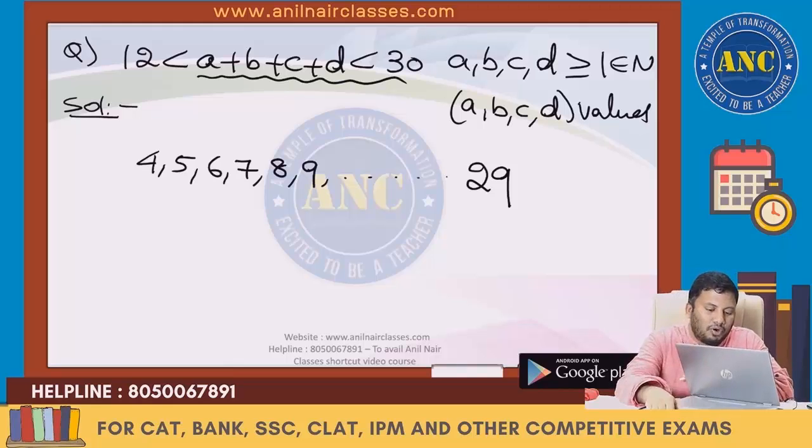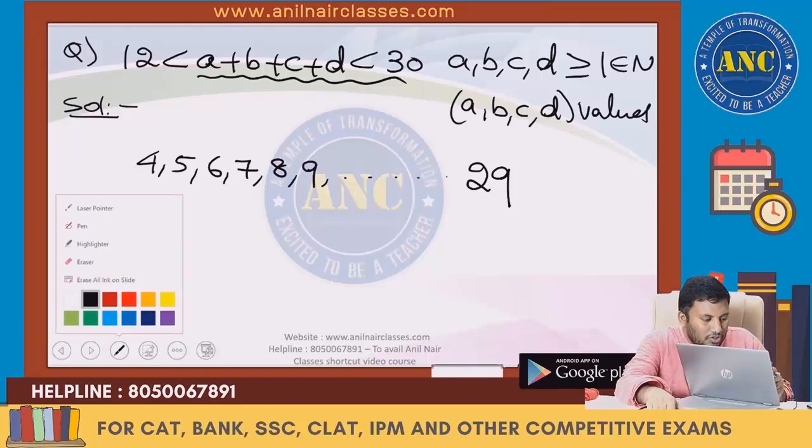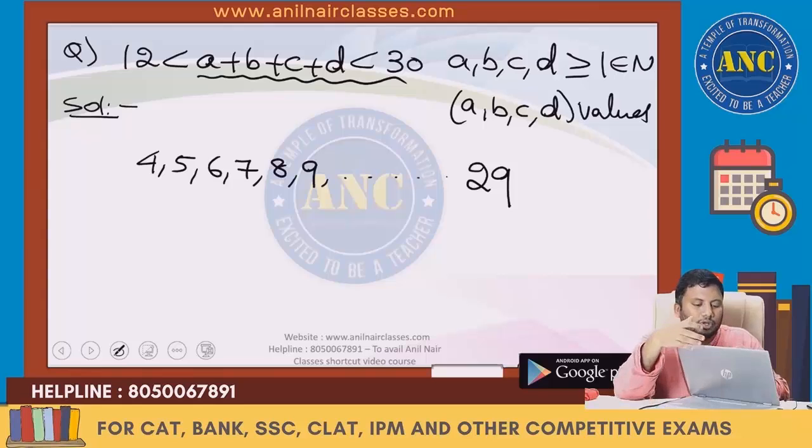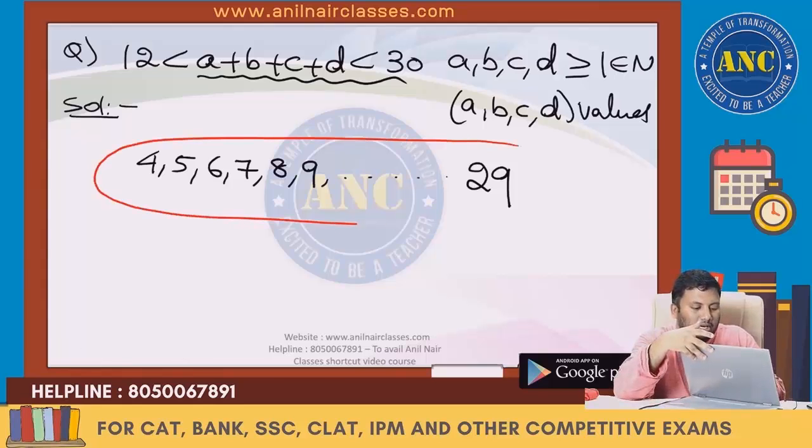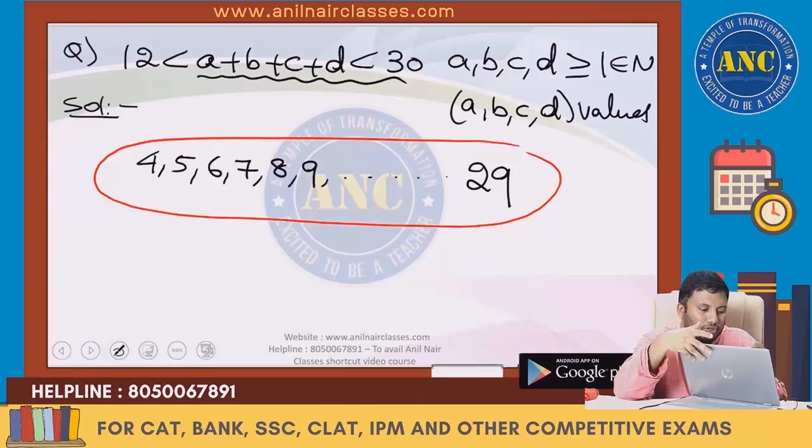First, 4 up to 29 is the total. So this is nothing but the total minus the values we do not require. We will write down the values we require: 13 to 29.